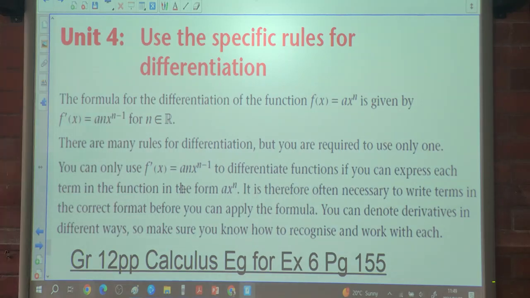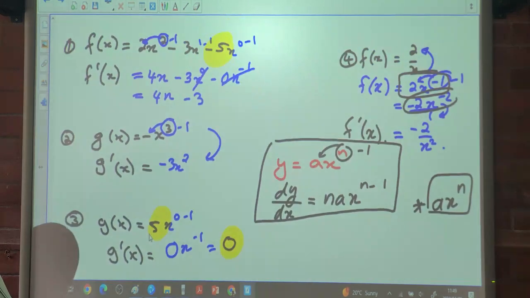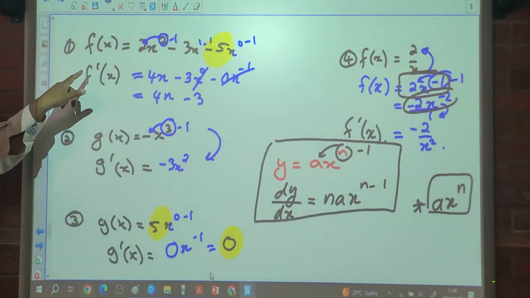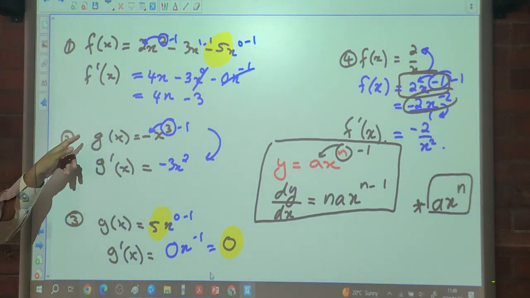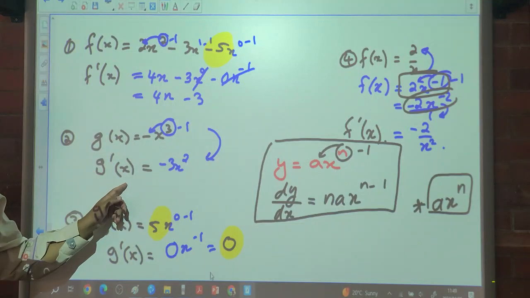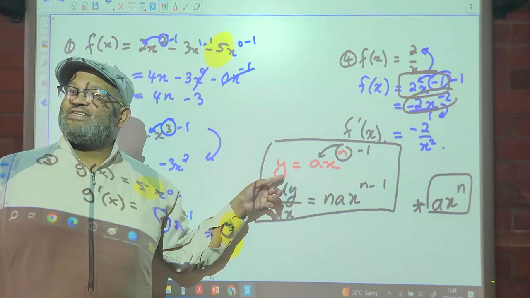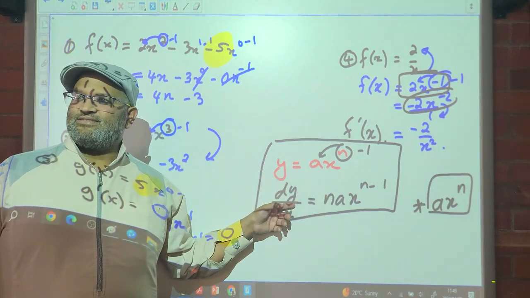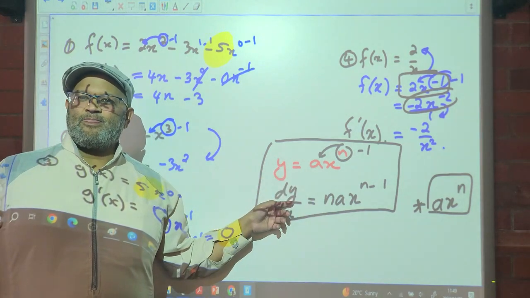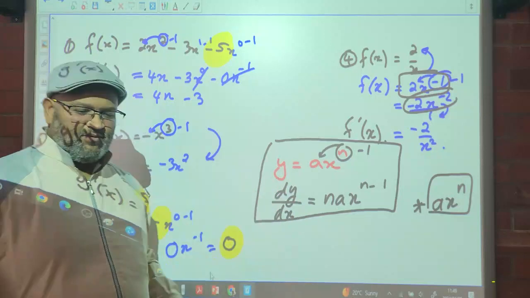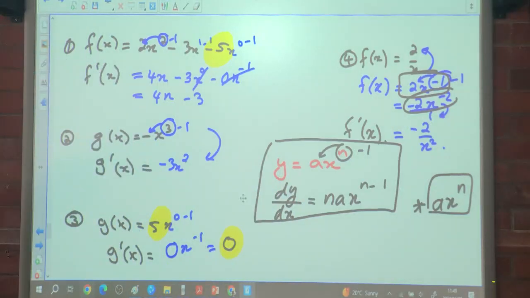What they are referring to there is that if you have f of x, you must write f dash x. If you have g of x, you must write g dash x. If you have y is equal to something with the x, then you must have dy dx, or dy over dx. You understand? That's basically what they're saying there.